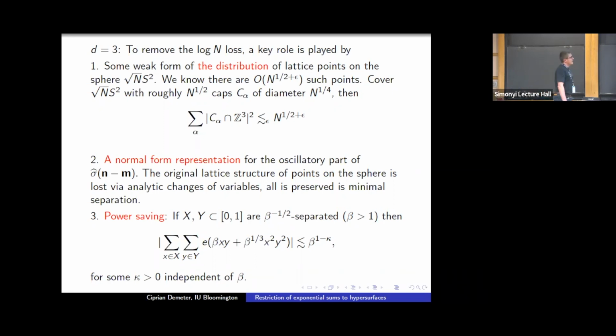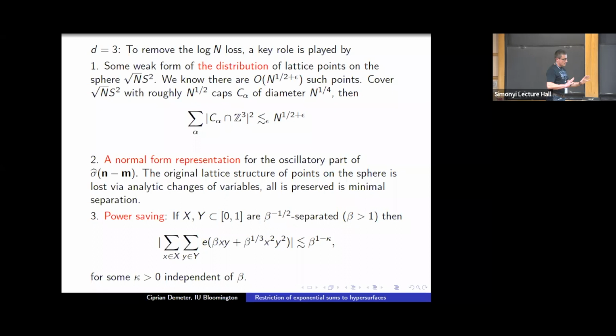And the first ingredient they have is something that quantifies the distribution of the lattice points on the sphere. So if you look at the sphere of radius square root of n, we know from number theory that there are roughly square root of n, well, times n to the epsilon, lattice points on that sphere, but they are distributed in bizarre ways.